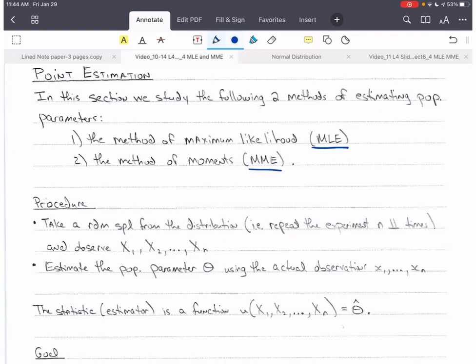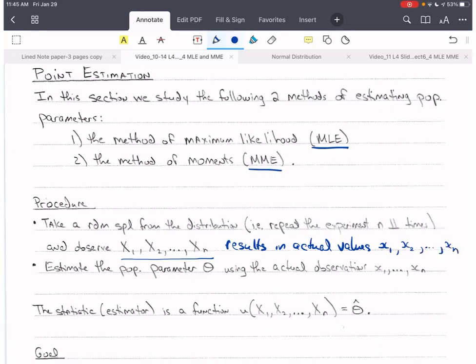And when you take a random sample, you're going to be tempted to say the data. So am I. But really, we're talking about random variables. So we're going to observe the random variables, and these are going to result in actual values, x1, x2, up to xn.